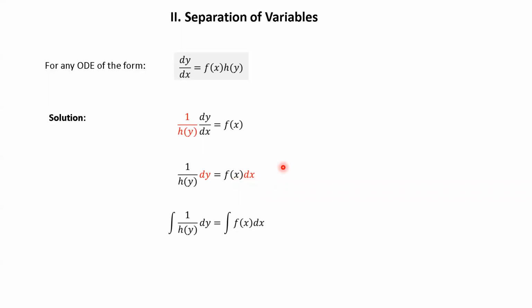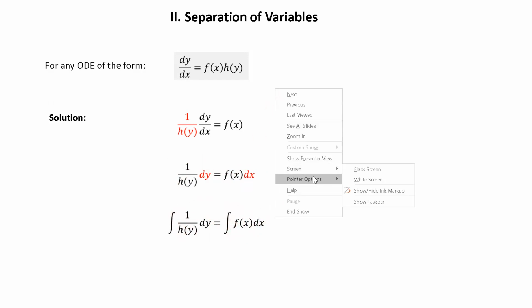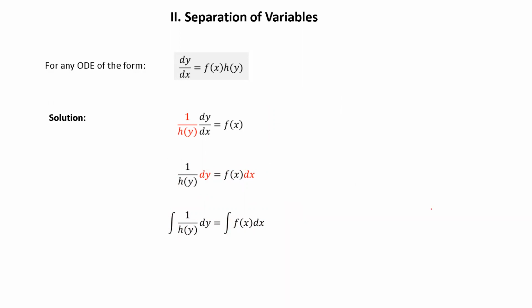Now the left hand side only depends on y, and the right hand side only depends on x, and then we integrate both sides. This method is known as separation of variables.